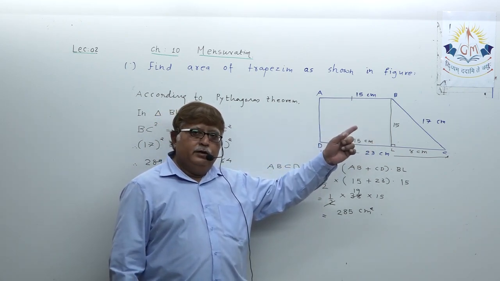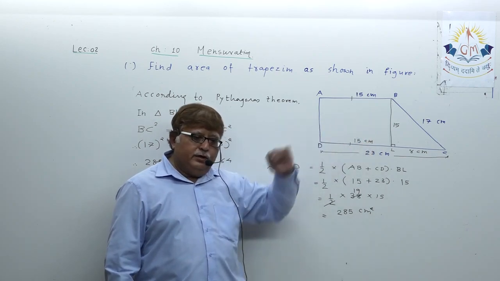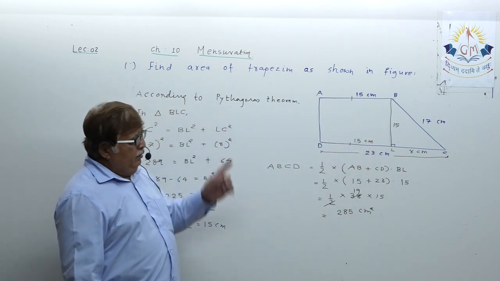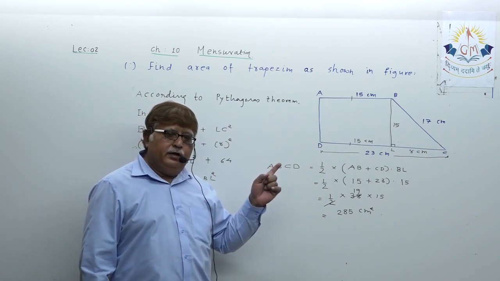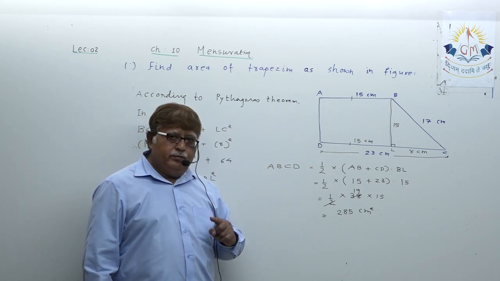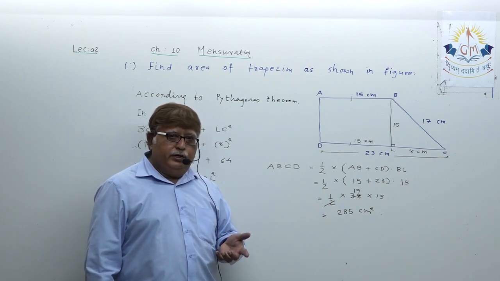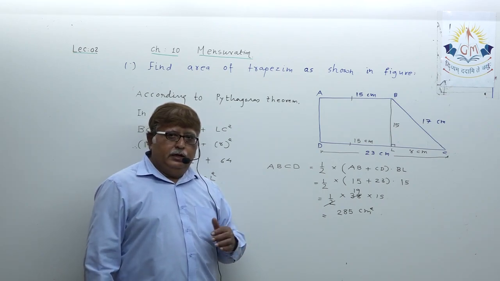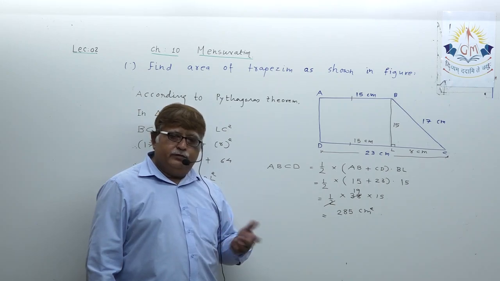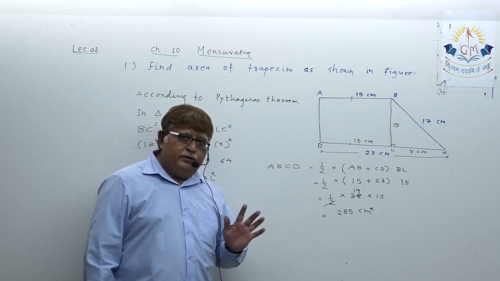But there, because it was not a right angle triangle, we first found the area by Heron's formula. Then we applied another formula of area of triangle, half into altitude into base, and we were able to find the altitude.